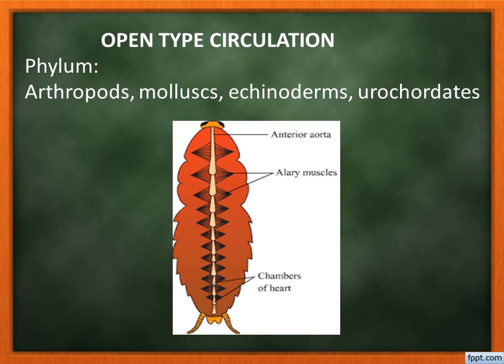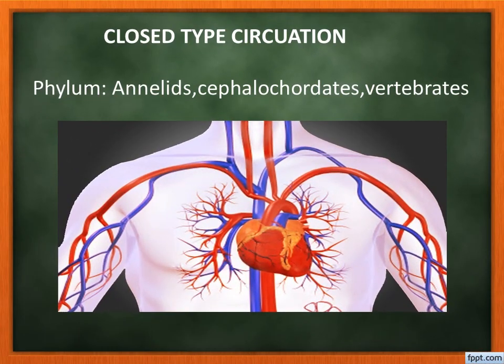Can you see? In closed type of circulation, one central organ will be there, then arteries will be there, veins will be there, capillaries will be there to carry the blood. That type of circulation is called closed type circulation. Can you differentiate?